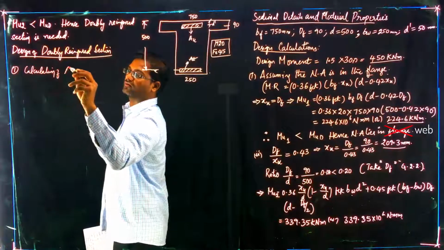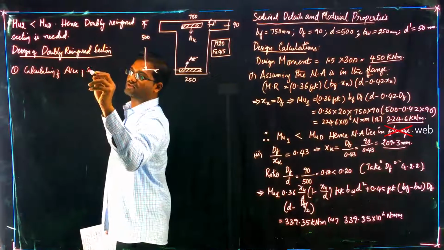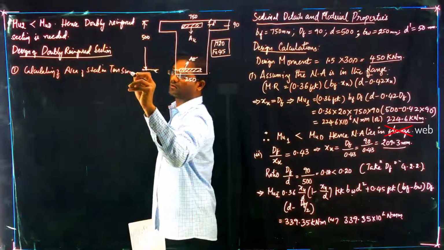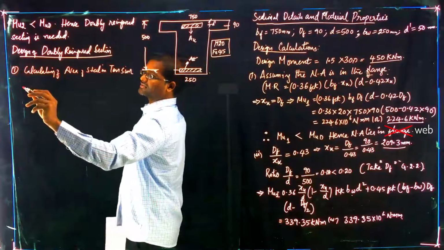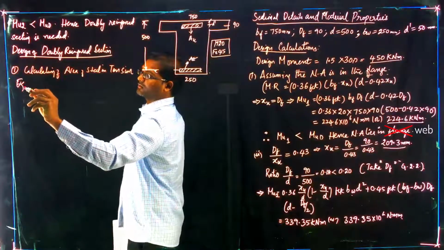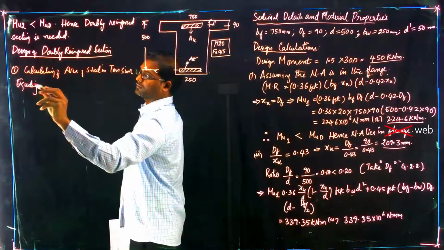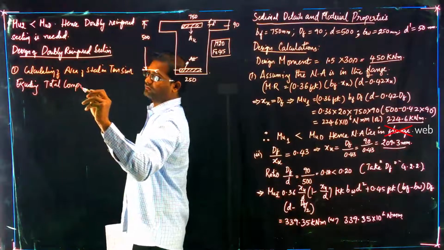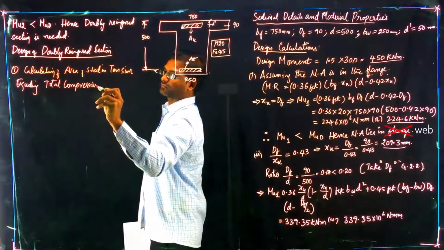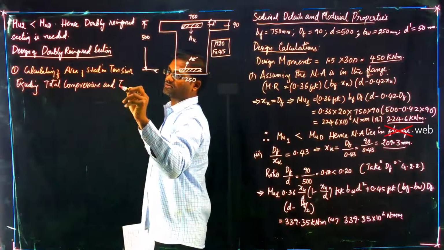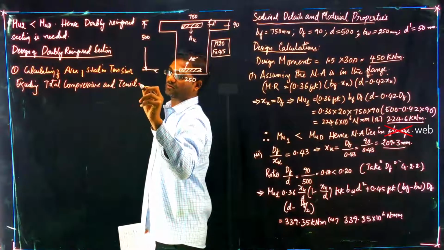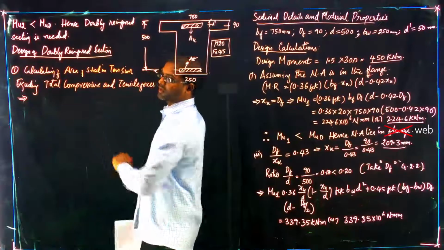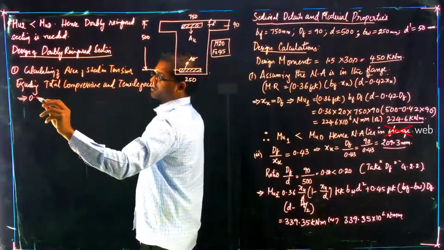Calculation of area of steel in tension, that is equating total compressive forces and tensile forces, you will get 0.36.